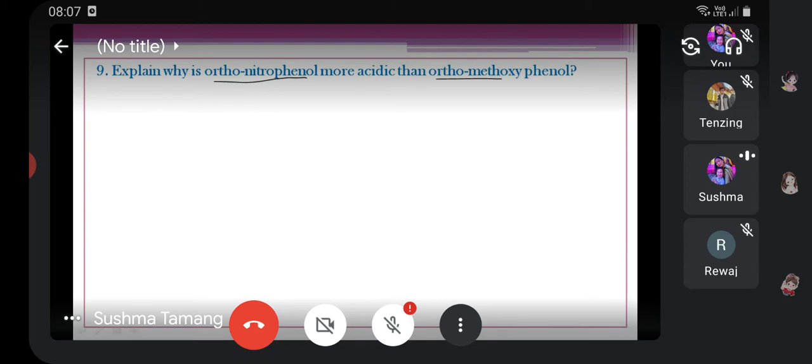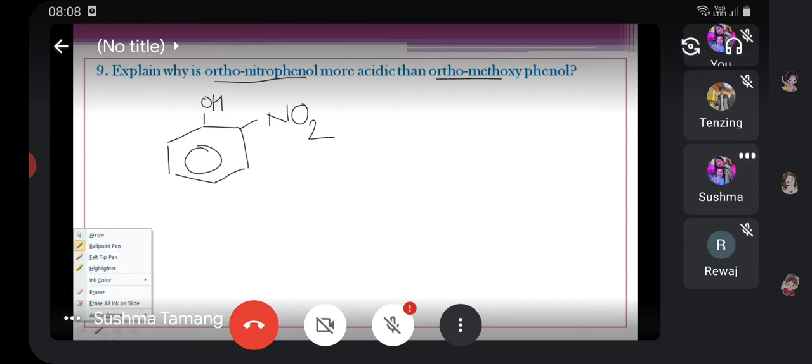Understood, because it makes the OH bond less polar. So what you have is phenol, and a nitro group, NO2. So this NO2 is an electron withdrawing group. NO2 is an electron withdrawing group.